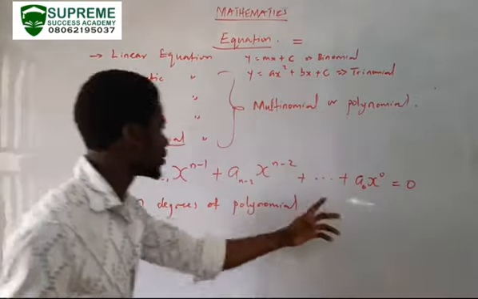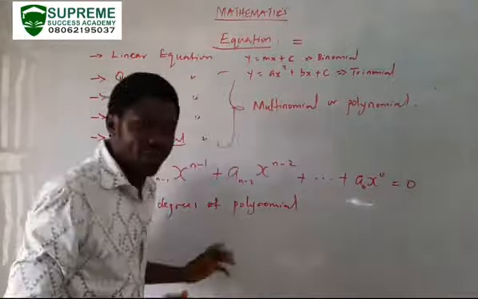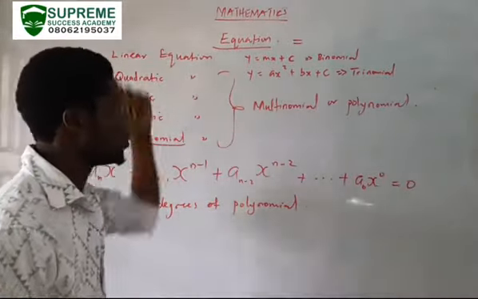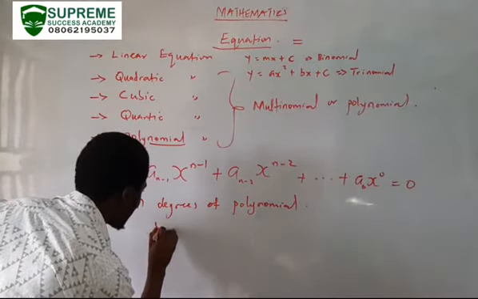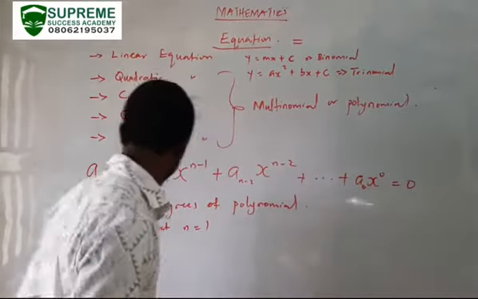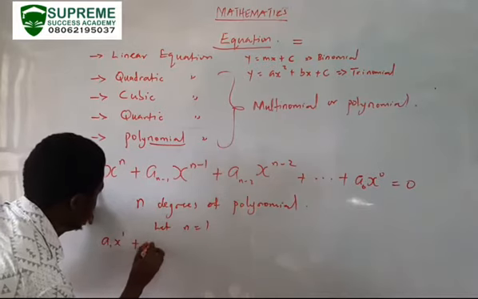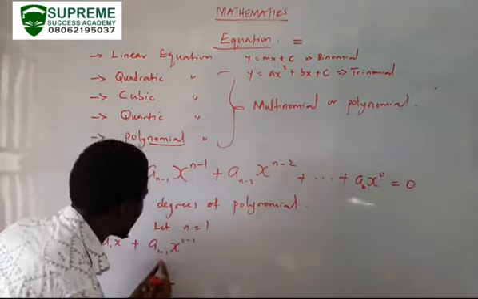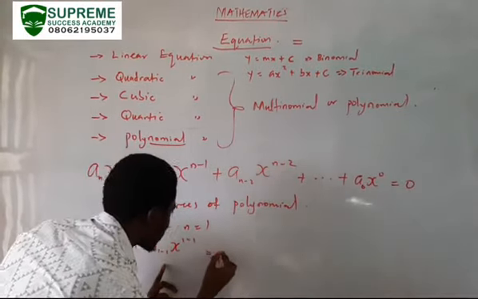So from this, you can easily obtain any of these classes of equation from here, comfortably. How? Let me justify for one or two so that we'll be able to move on as fast as possible. Let my n, the degree, be equal to 1. This one becomes a1 x raised to the power 1 plus a(1-1) x raised to the power (1-1) equals 0. You can't have a negative subscript, so you stop immediately.